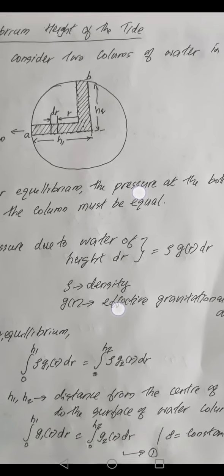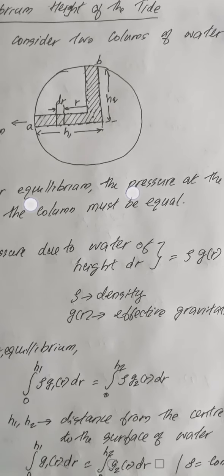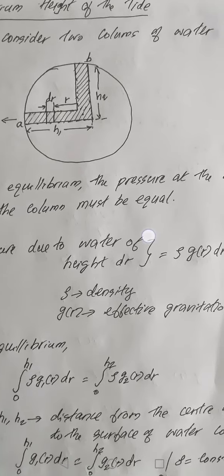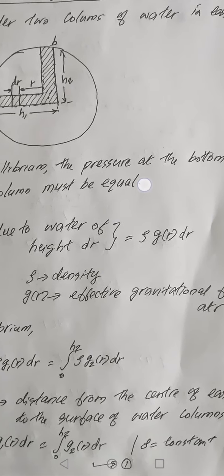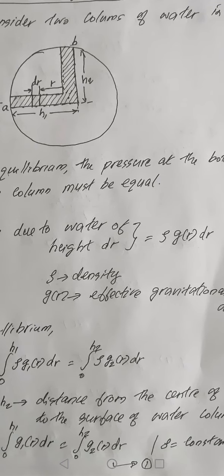So I am calculating the pressure due to a small water column dr here. Let rho be the density, dr the thickness, and g of r the effective gravitational field at r.